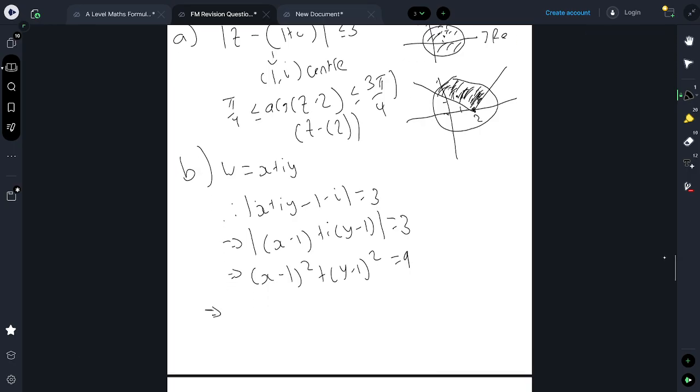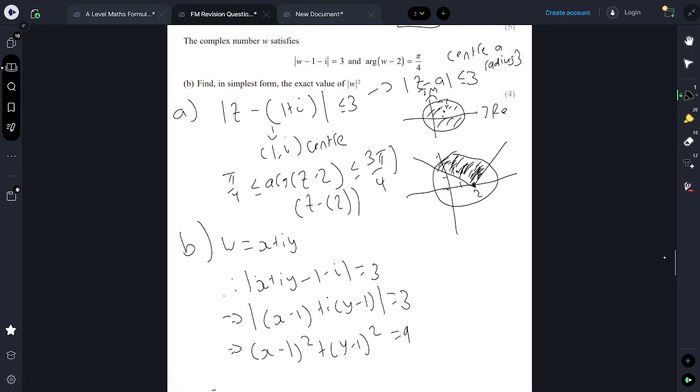And then I'm going to leave it there for now. And then I'm going to look at this other bit here, the argument one. So again, this is saying the argument of x plus iy minus 2 is equal to pi over 4. Otherwise, we can again combine it: x minus 2 plus iy has argument pi over 4.